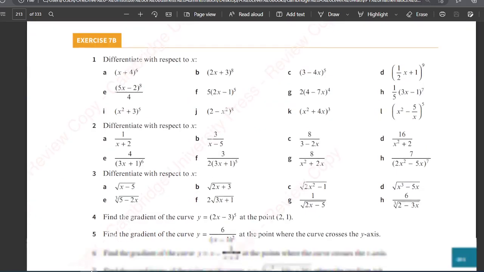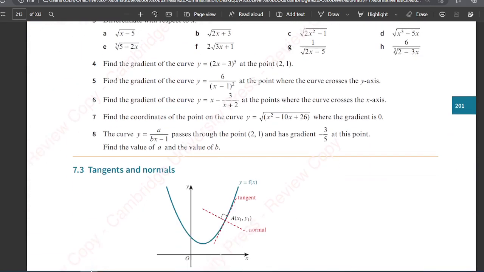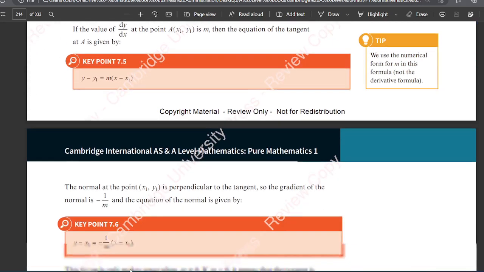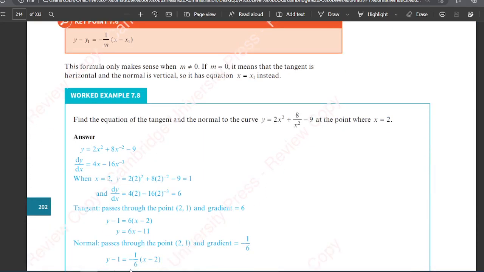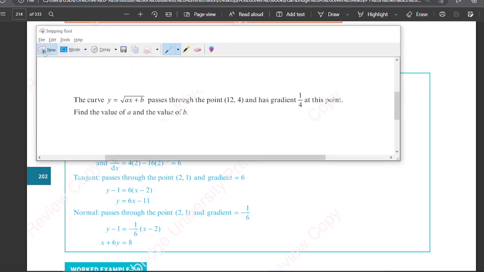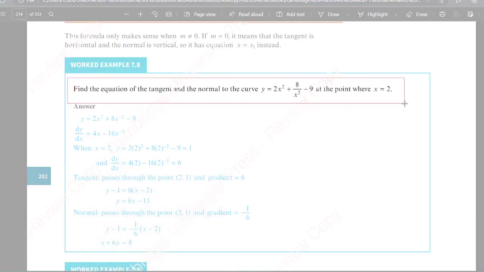So now you have to do exercise 7b. After this, what we have to do is equation of tangents and normal. That is also very easy. Once you know how to differentiate, after that things are very easy. Let's do this question.